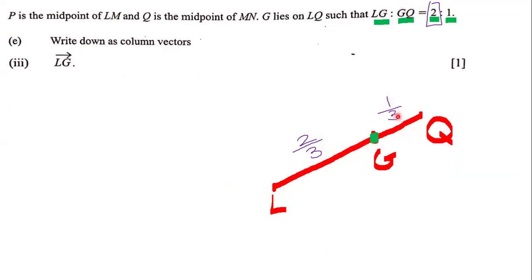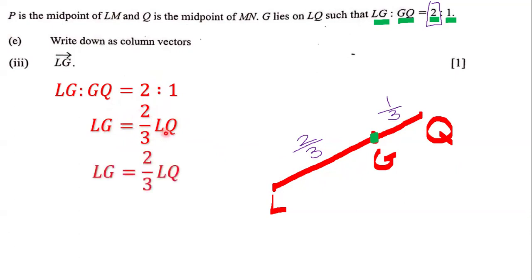So LG is 2/3 of the line LQ. That's the equation that we wanted to get from this particular statement that they give us. So LG is equal to 2/3 of LQ.